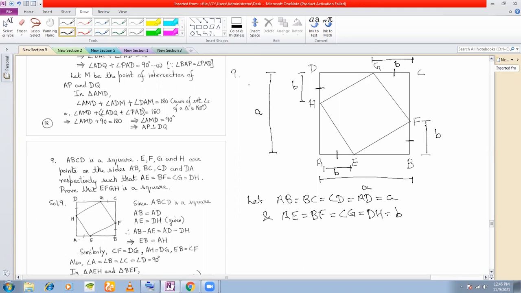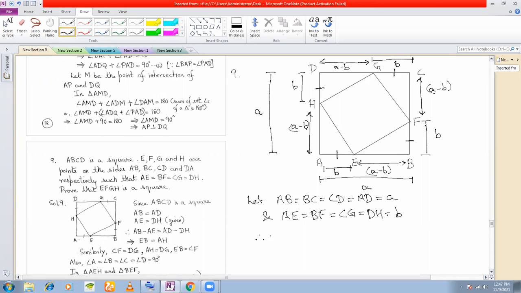Then what are the remaining lengths? How much is this length here? A minus B, right? And how much is this length here? This is also A minus B. This length is A minus B. And also this length is A minus B. Yes, this is clear.